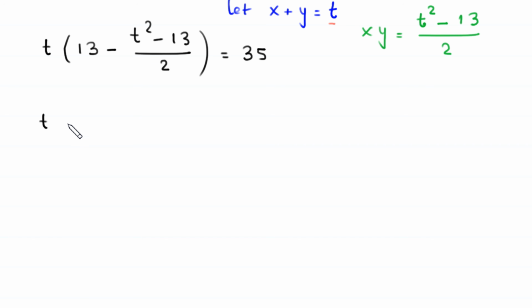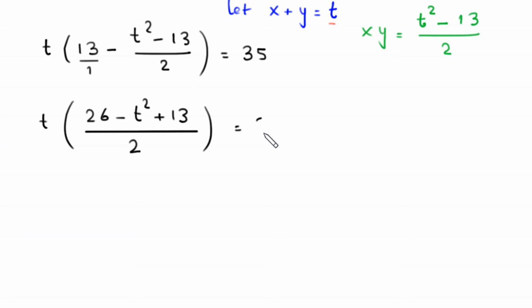Next, write the denominator of 13 as 1, and take the LCM of 1 and 2, which is 2. So 2 times 13 becomes 26. Due to the negative sign, t squared becomes negative t squared, and 13 becomes plus 13, equal to 35.